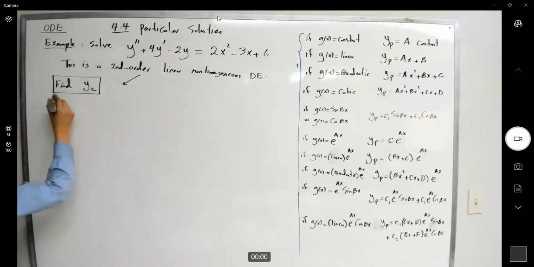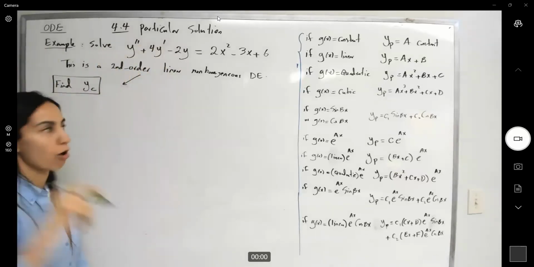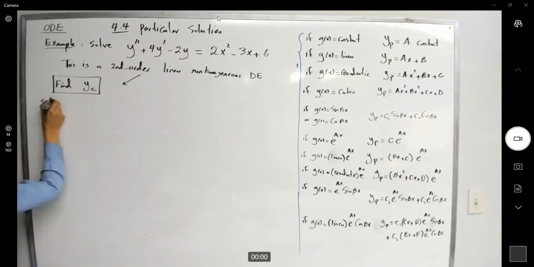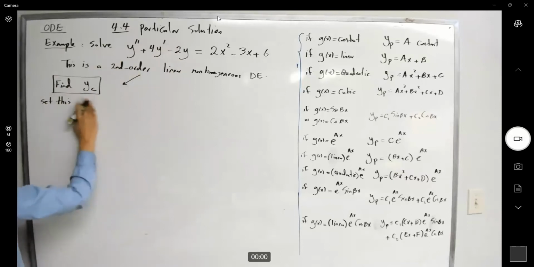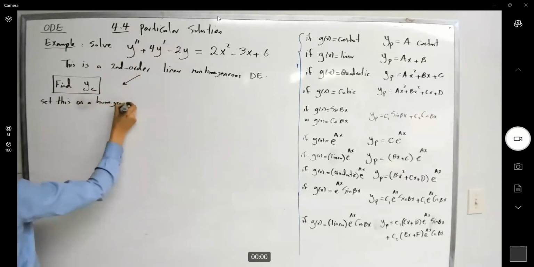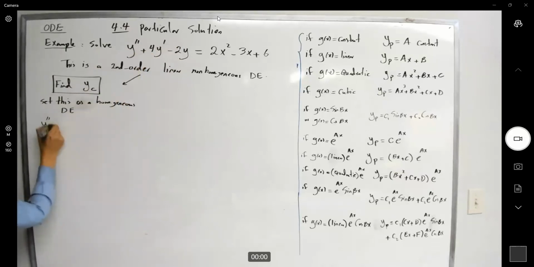So what are we going to do? We're going to just focus on the homogeneous part. Set this as a homogeneous differential equation: the second derivative of y plus 4y prime minus 2y is equal to 0.